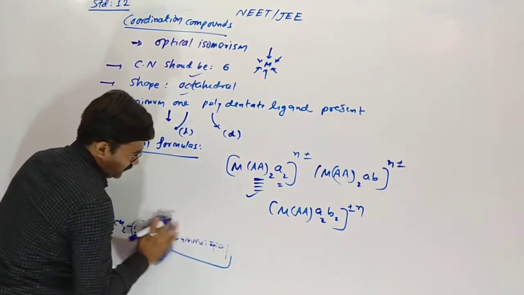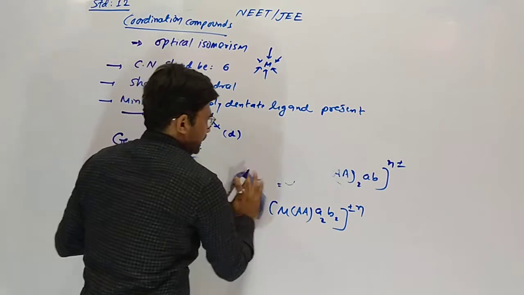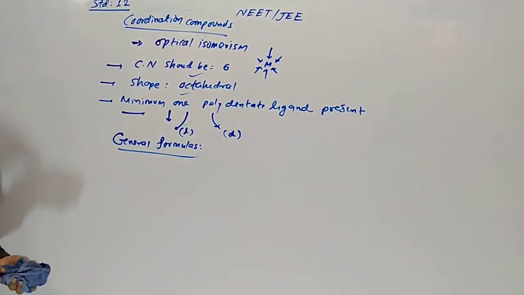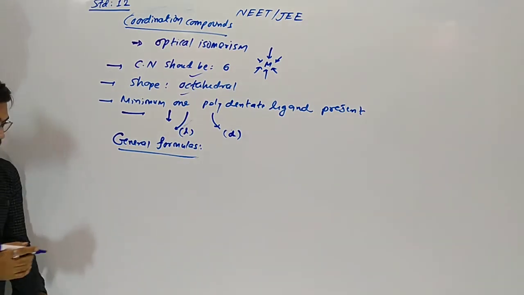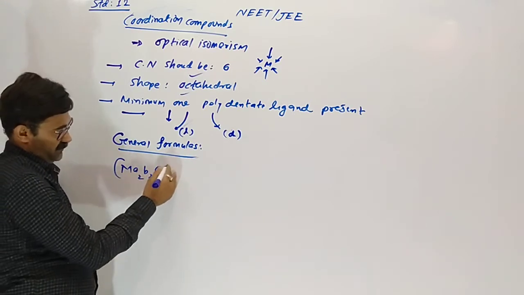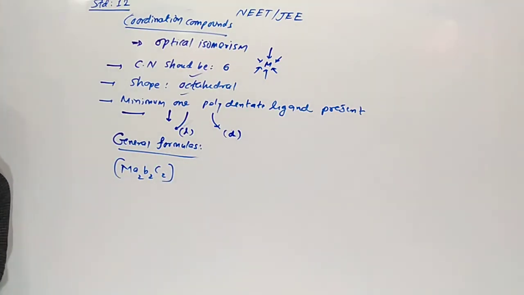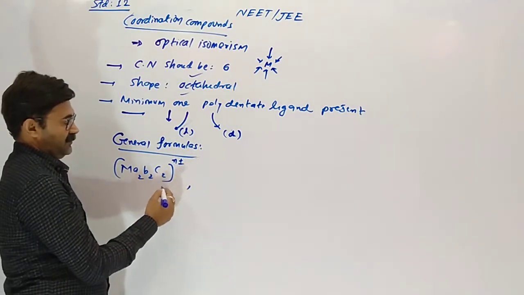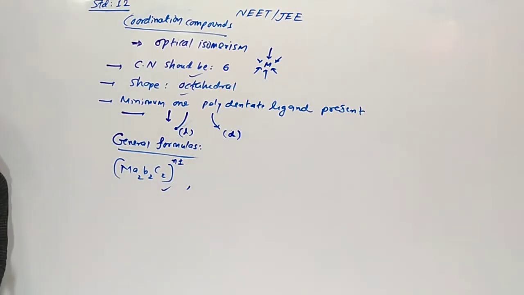Now other formulas which also give this type of optical isomerism, where all the ligands are monodentate. Exceptionally, an A2B2C2 type of complex also gives optical isomerism.